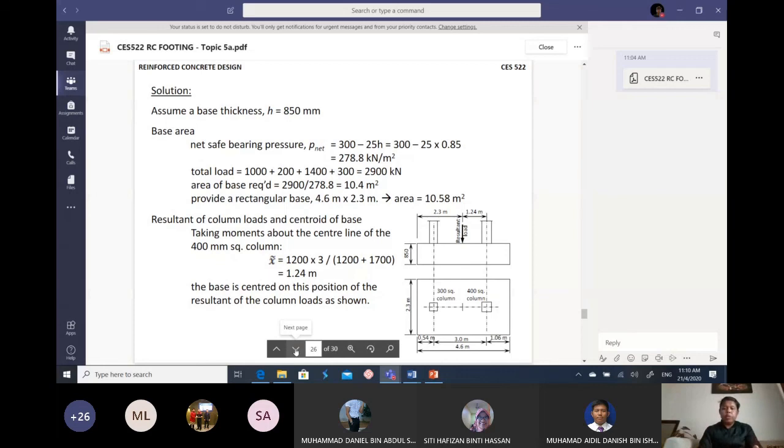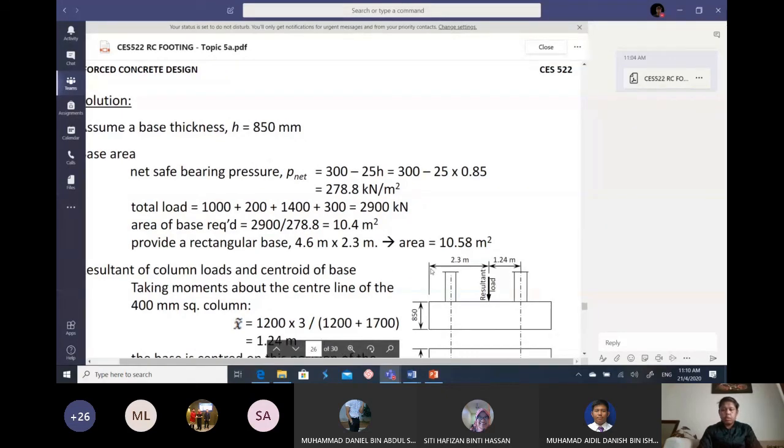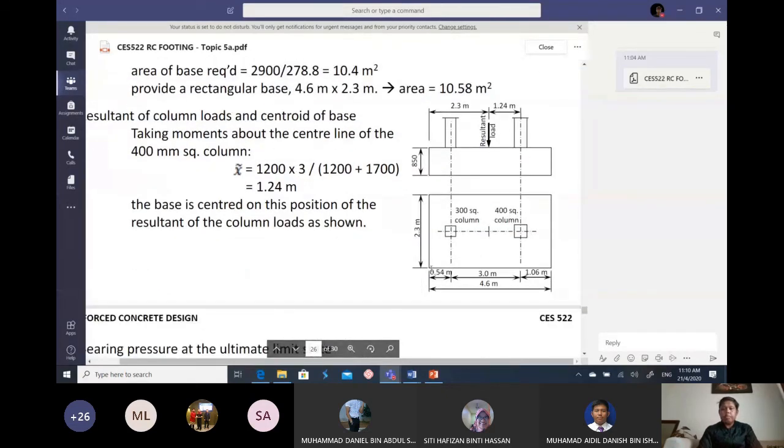If we have a look here, the distance between these columns is only about 1.25 plus around 2 meters, so 3.24 meter.